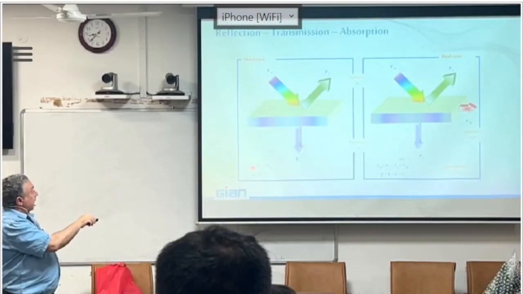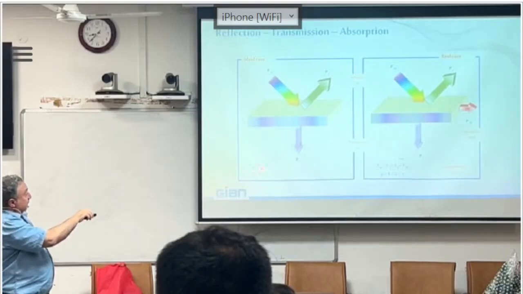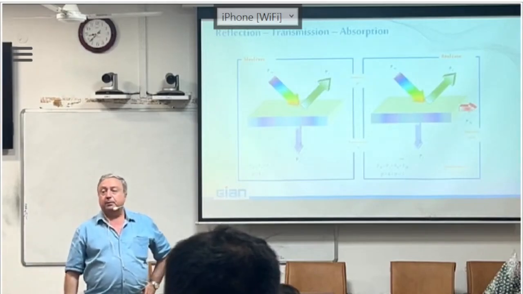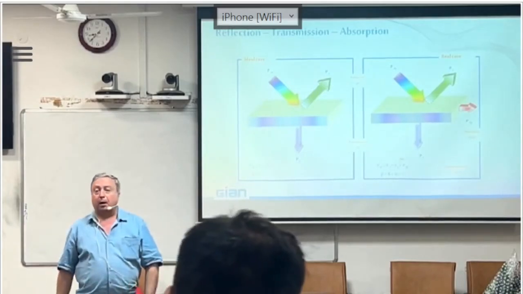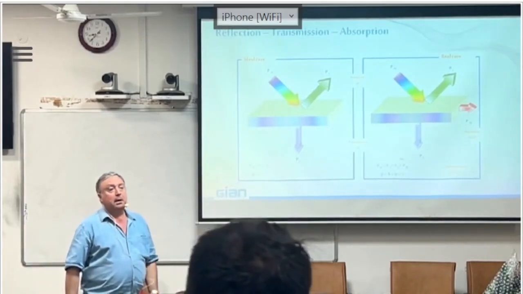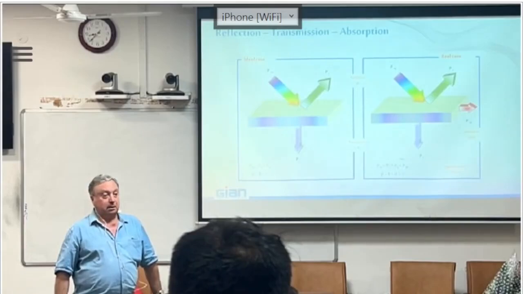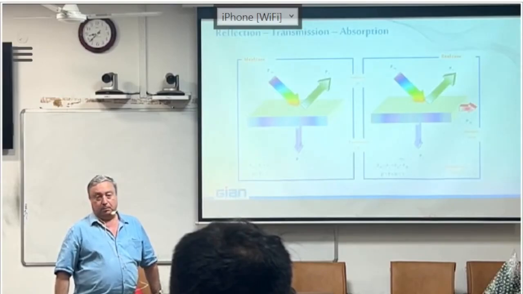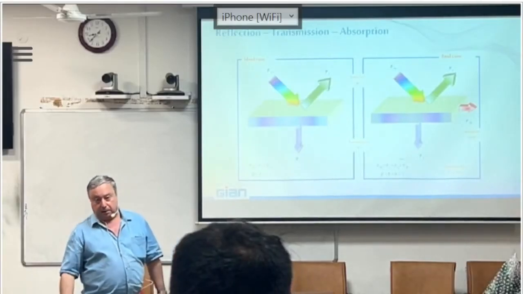The reflection is characterized by a reflection coefficient ρ, and the transmission by a transmission coefficient τ. As we don't have absorption, ρ plus τ always equals 1. And ρ and τ are always less than 1 and higher than 0. A reflection or transmission coefficient higher than 1 or negative doesn't exist, at least in nature.